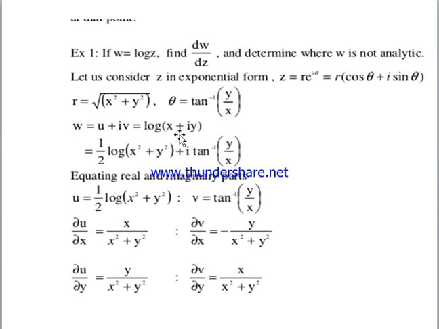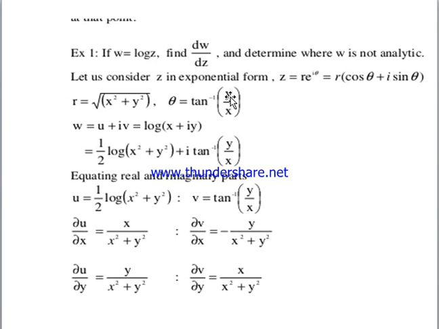It is in the form log AB, and log AB is written as log A plus log B. So we can write log r plus log e^(iθ), that is log r plus iθ log e. The value of log e is 1. So log r is log of √(x²+y²), which can also be written as log of (x²+y²)^(1/2) plus iθ.